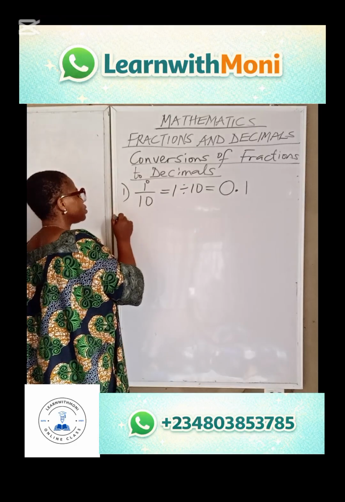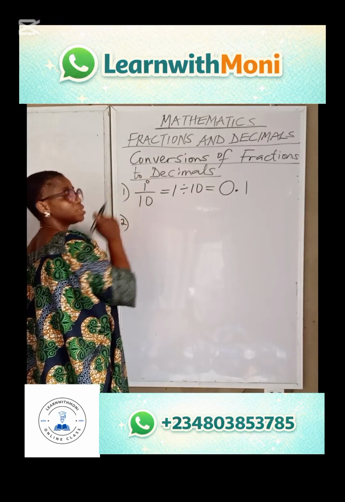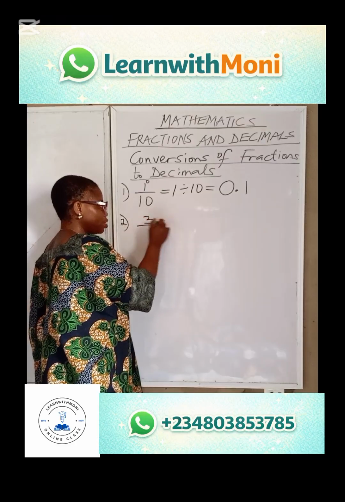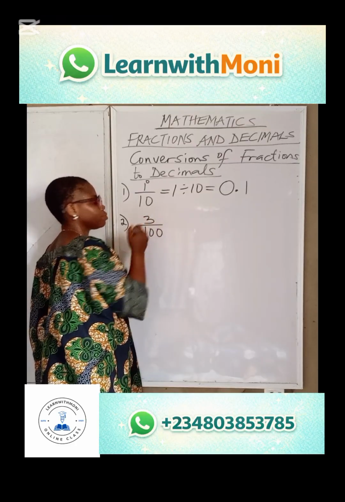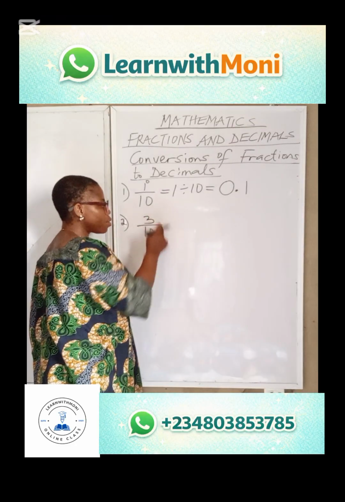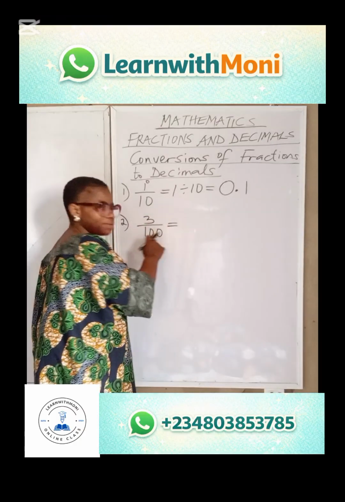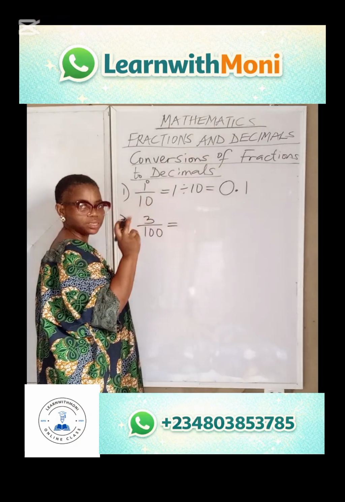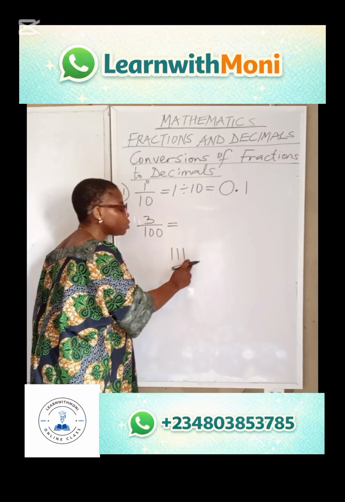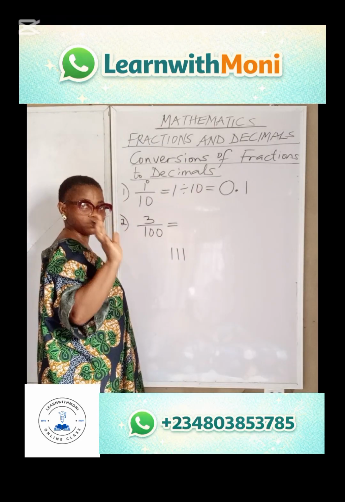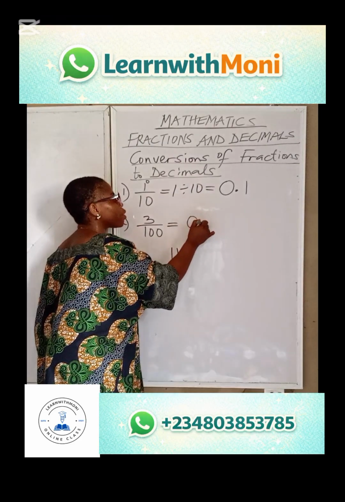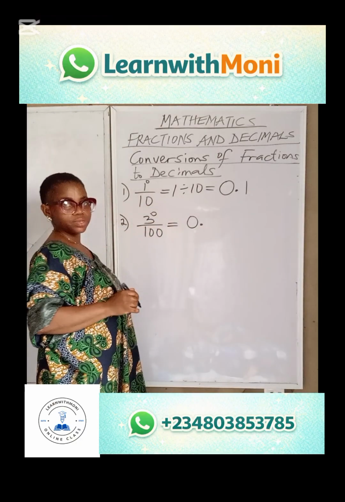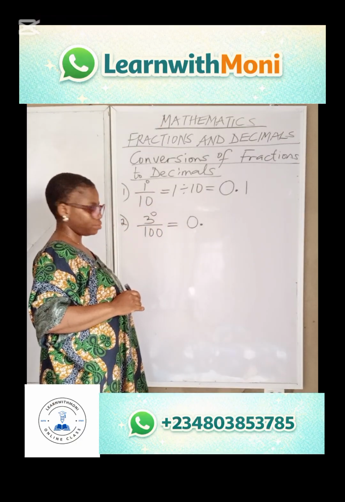Let us look at another denominator, which is a multiple of 10. Let's say when I have 3 over 100. 3 over 100 means 3 divided by 100. How many 100s can I get from 3? None. So I will write 0 point and put an invisible 0 behind that 3.